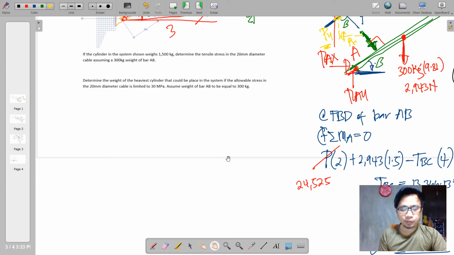So this time the givens are just jumbled. The known figures are on the cable itself, and the unknown variable here is the weight of the heaviest cylinder.